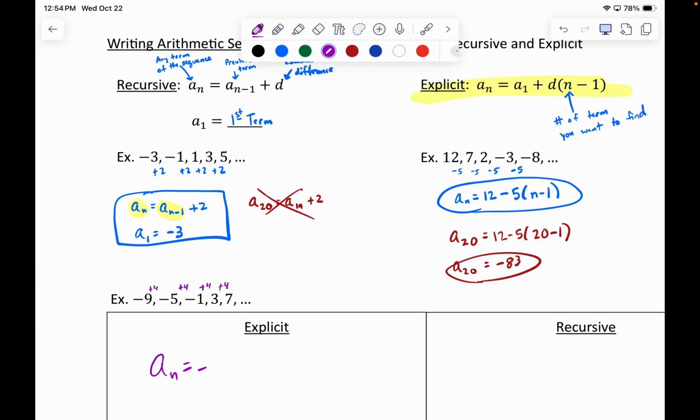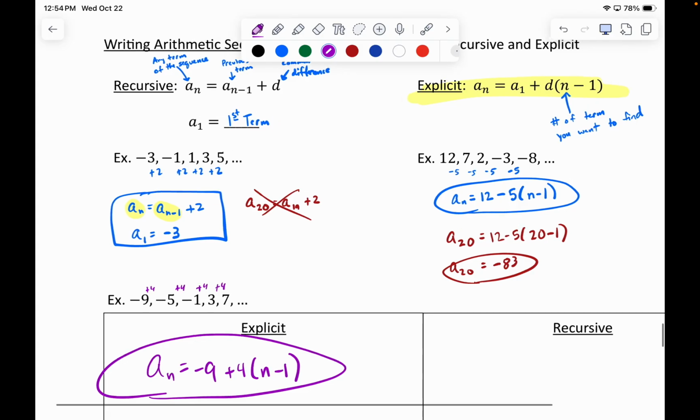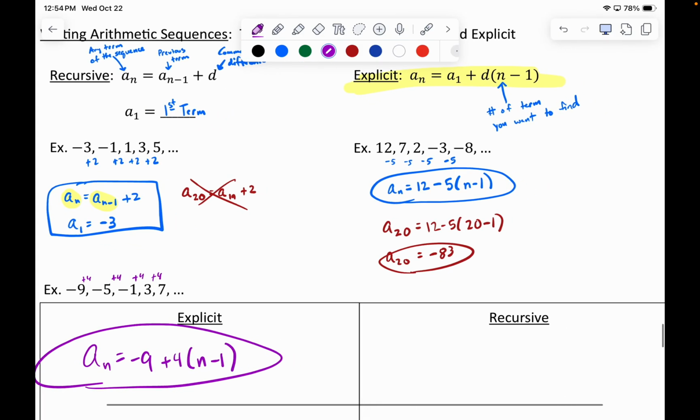Then plus 4, because that's the common difference, and then times n minus 1. And like I said, you don't need to distribute or worry about any of that stuff. You can leave it just like that. MathXL will count it right. When we do that on the review tomorrow, and on the test after that, same way. That'll be just fine.